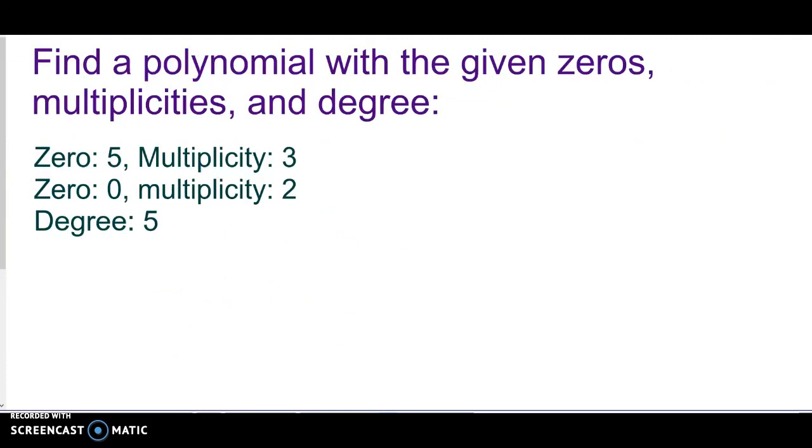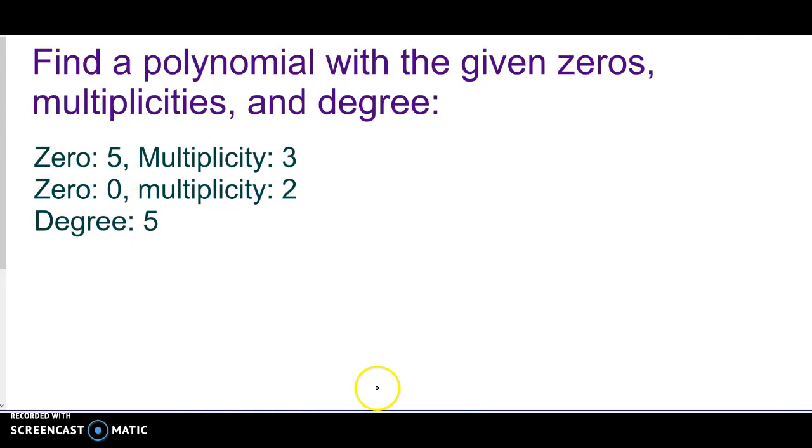It says here, find a polynomial with the given zeros and multiplicities and has that degree. So first I have a 0 of 5, which has an odd multiplicity of 3. I have a 0 of 0 with a multiplicity of 2, and my degree should be 5.